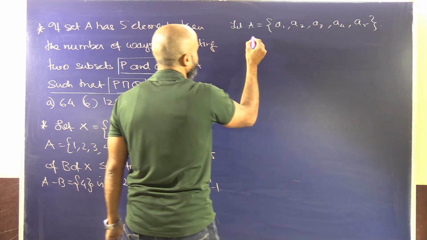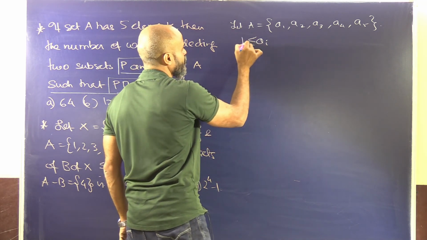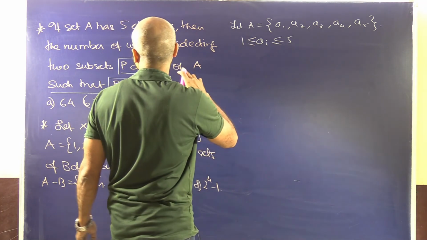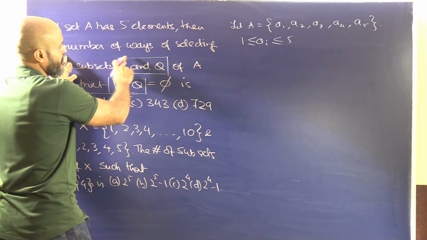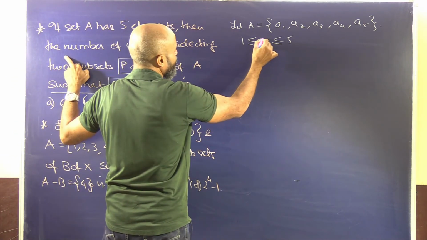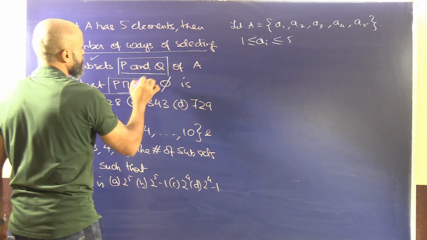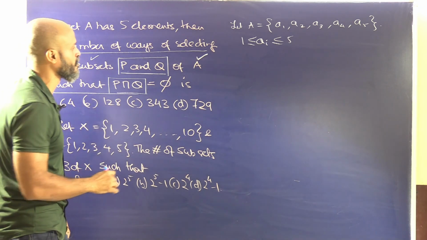So basically A has elements Ai where 1 is less than or equal to i, which is less than or equal to 5. So here A has 5 elements, and we want the number of ways of selecting two subsets P and Q of A such that P intersection Q is equal to the null set.